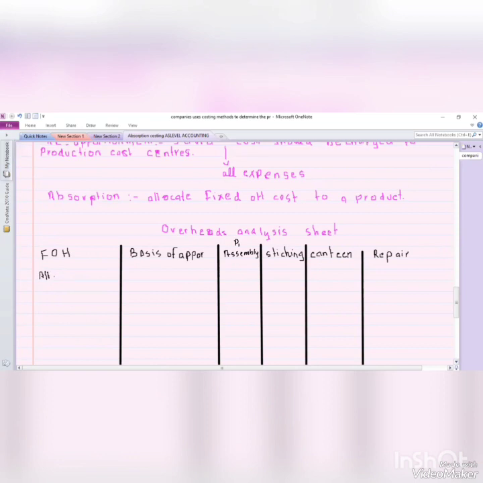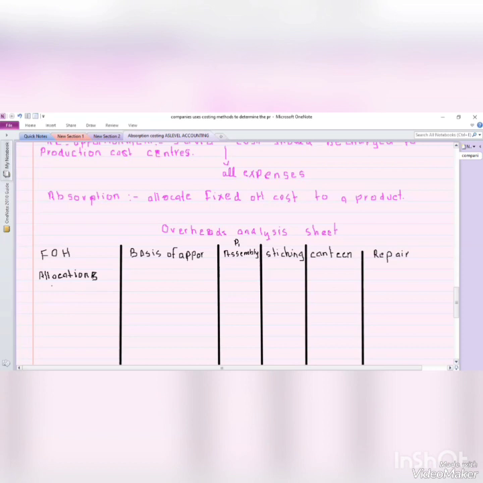Our first step to make the overhead analysis sheet is allocation. So what do we have to do in allocation? Basically, in allocation, we will charge specific cost to a specific department.